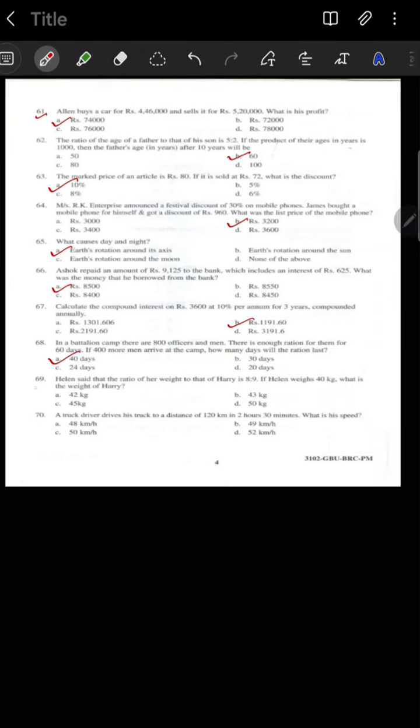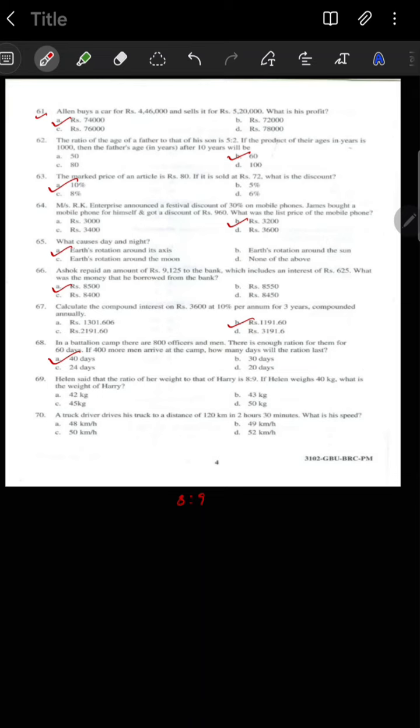Next, question number 69. Helen said that the ratio of her weight to that of Harry is 8:9. If Helen's weight is 40 kg, what is the weight of Harry? So their ratio given is 8:9.